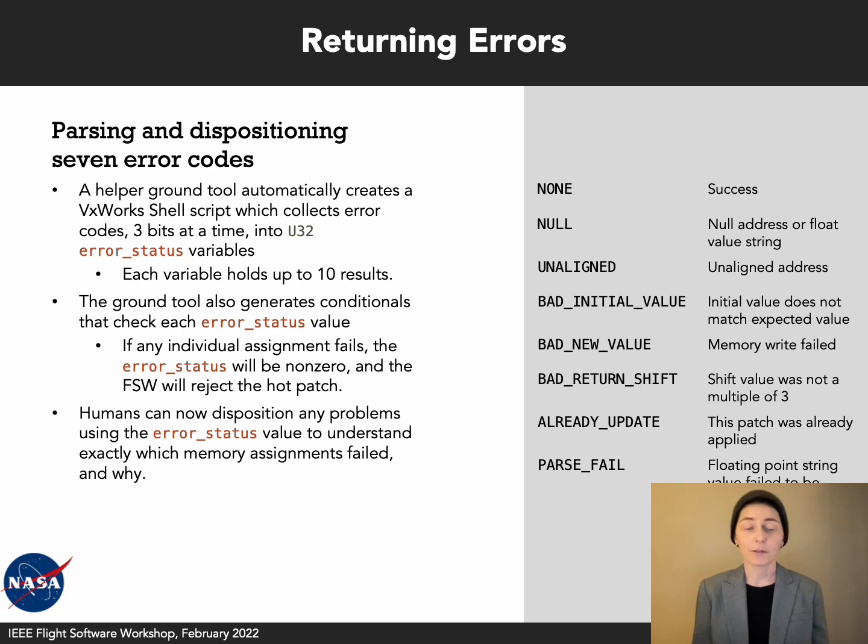That way, if any individual assignment, any individual poke fails, the error status will be non-zero, and the flight software will reject the hot patch. Humans can now disposition any problems using the error status value to understand exactly which memory assignments failed and why. And the why, there are seven reasons, which are listed here on the right.